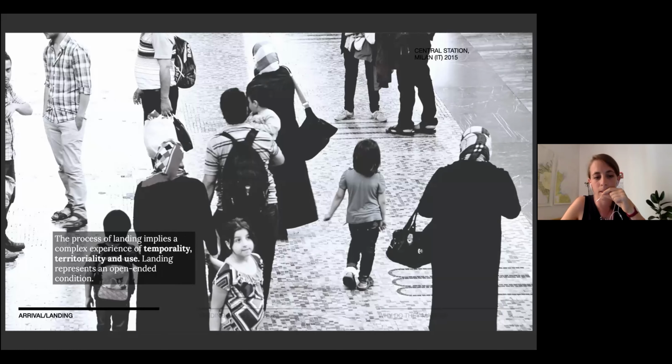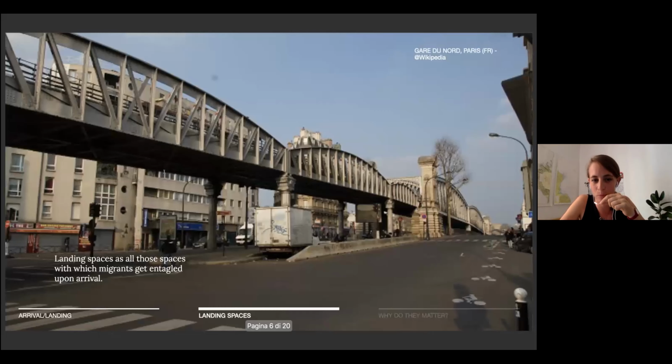Italy in this sense is a very clear example, because most of the people who arrived in Italy kept moving towards Northern Europe. Also, profiles in the recent migration processes were really very different, and according to these different profiles, the way people would use space and their competencies of use of space were very different. So when I refer to landing, what I want to stress is that it implies a very open-ended condition.